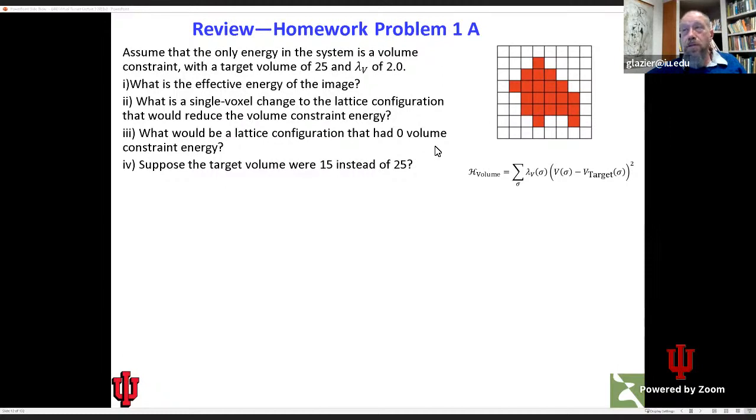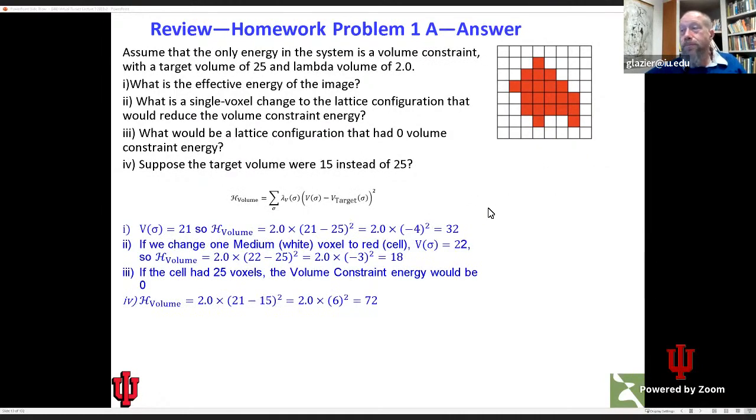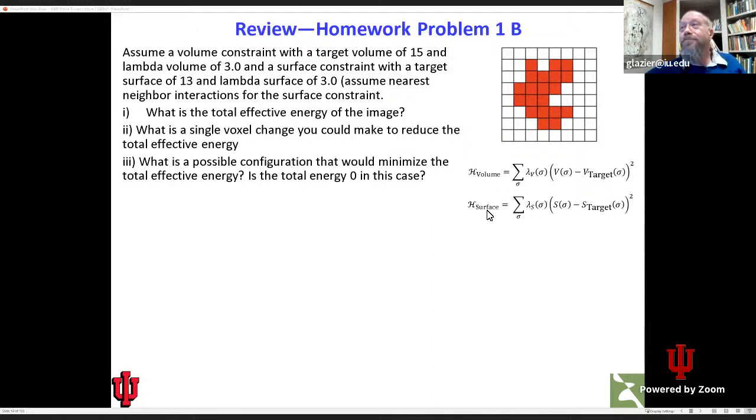What was the lattice configuration that had 0 volume constraint energy? Well, any configuration that had 25 voxels in it would match. And if the target volume were 15, now I'd be too big, so I'd lower my energy by getting rid of voxels, and everything else would be the same. 32 is what I got.